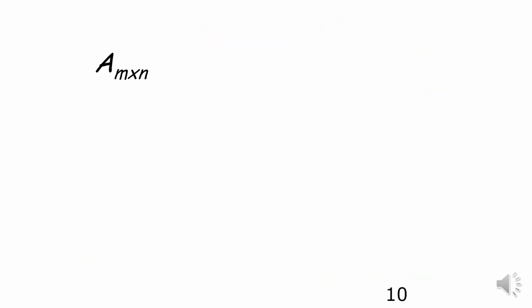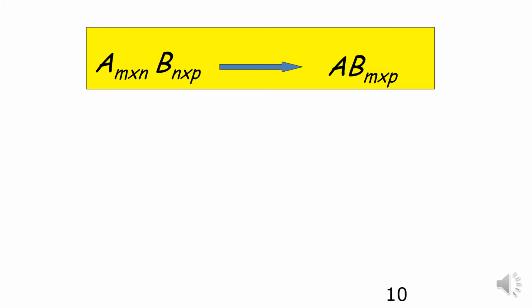So matrix A has order m times n. Matrix B has order n times p. When we apply the product of the two matrices, we get matrix AB, and the order is m times p.